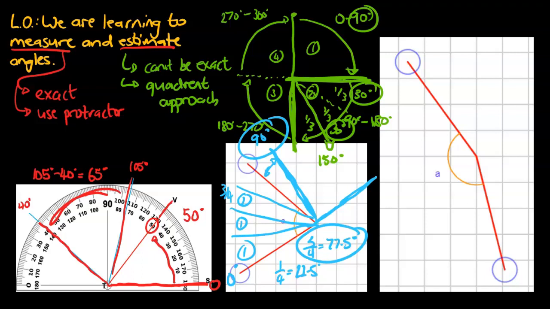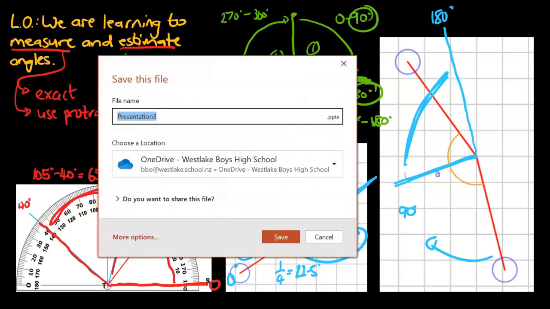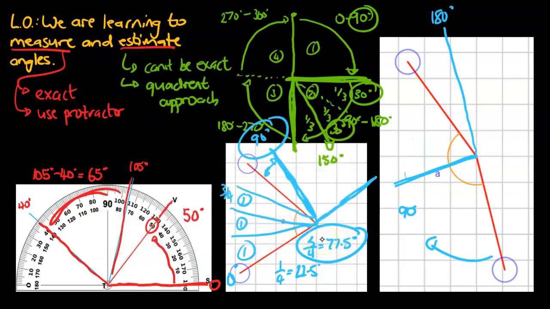And our final question, the big one at the end. Again, we carry on with our 180-degree line, and we draw our perpendicular line, and we can see this here is up to 90 degrees, and that there is up to 180 degrees. So it's somewhere between 90 and 180. We're then going to think, what proportion is that?